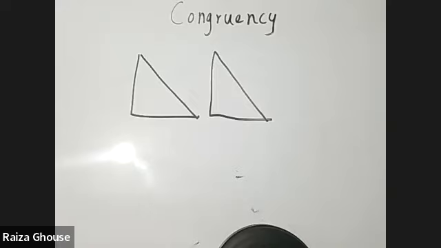So first point: if two figures have the same shape and dimensions, they are said to be congruent.